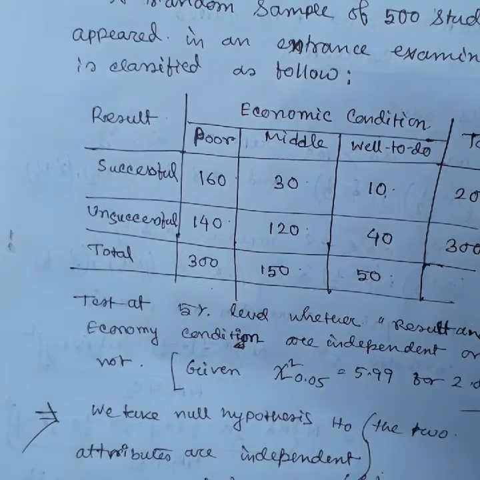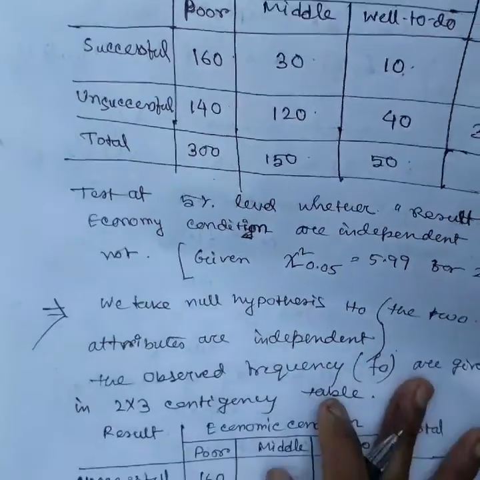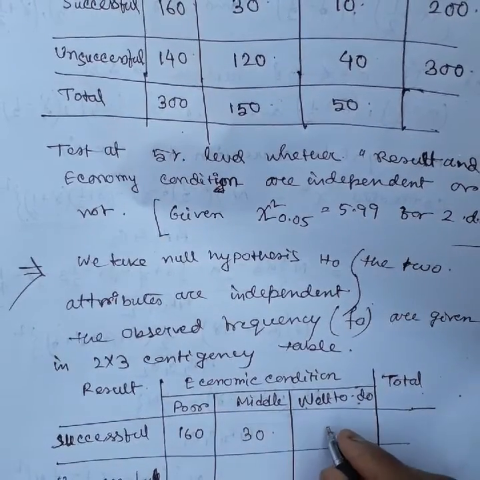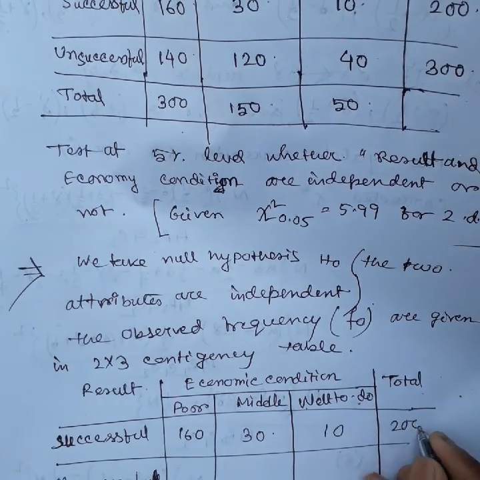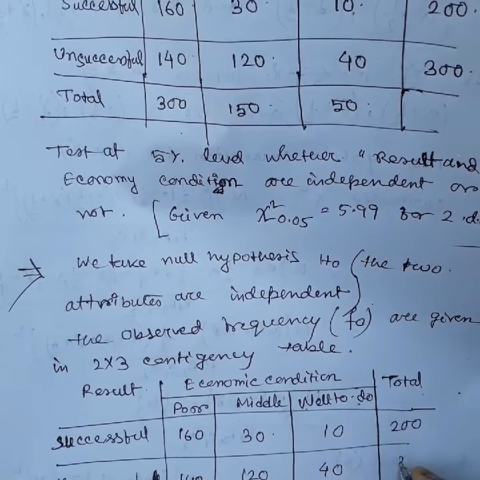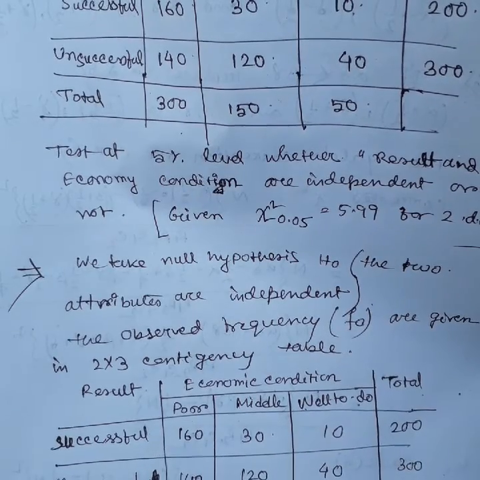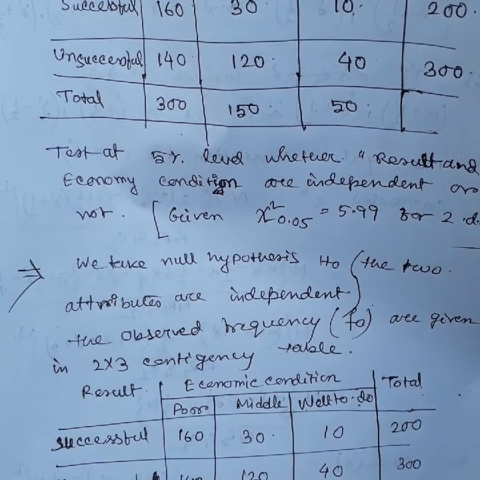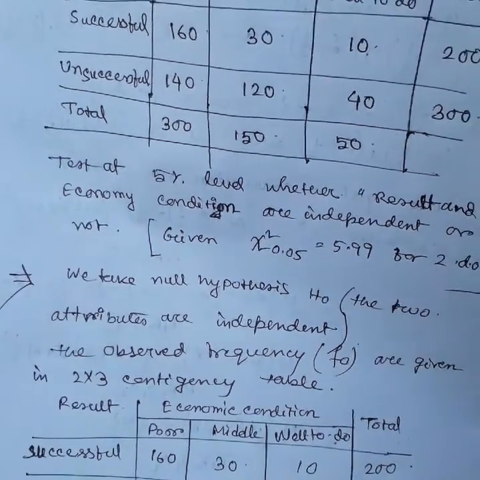This is 160, 30, 10, 200, 140, 120, 40, 300. This is 300, 150 and 50, and total is 500.